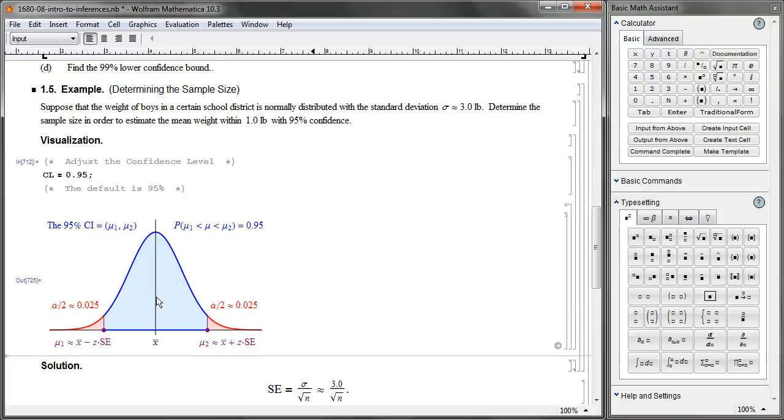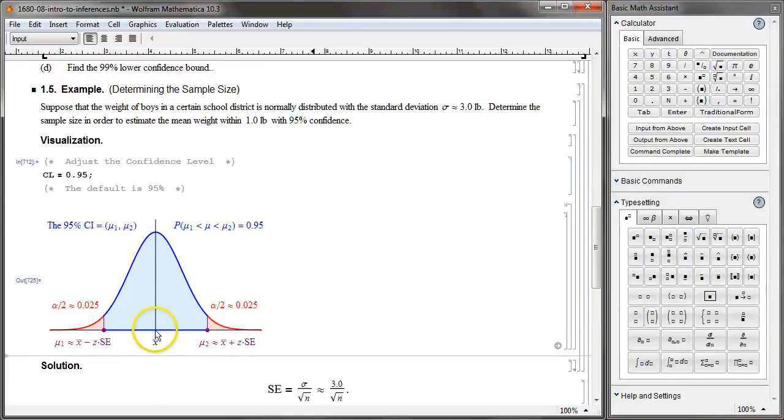And we want to estimate within 1 pound, which means the distance from the point estimate, the center of this interval, toward the end of this interval should be 1 pound. Distance x bar to mu2 will be 1.